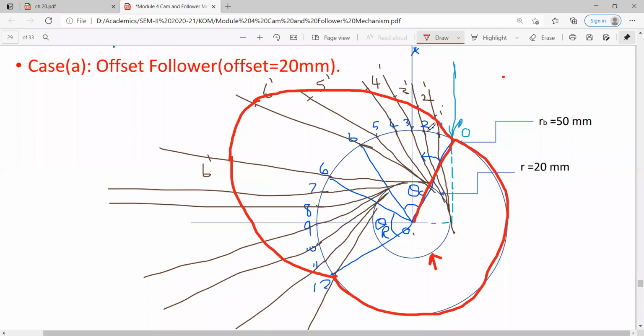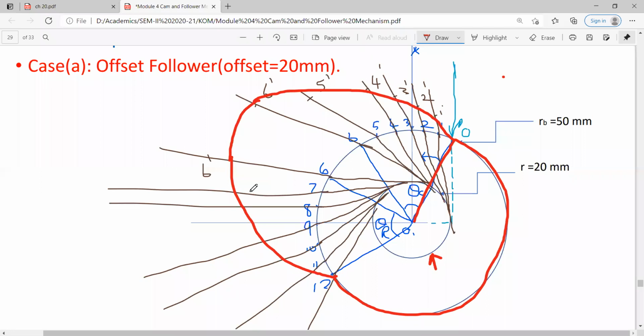After marking these points 1, 2, 3, 4, 5, 6, from these points again tangents are drawn, not the radial lines, not the lines passing through the center of the cam, but the lines which are tangent to the offset circle, like this. And on these tangent lines, you have to transfer the distances 1 1 dash, 2 2 dash, 3 3 dash, 4 4 dash from the displacement diagram.